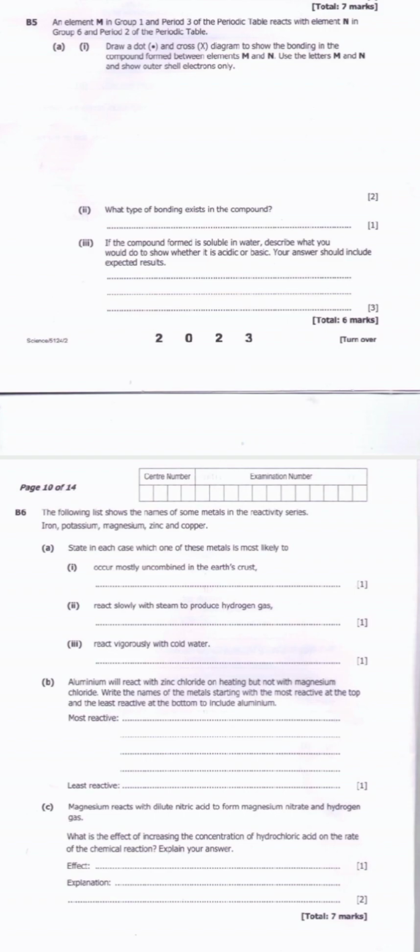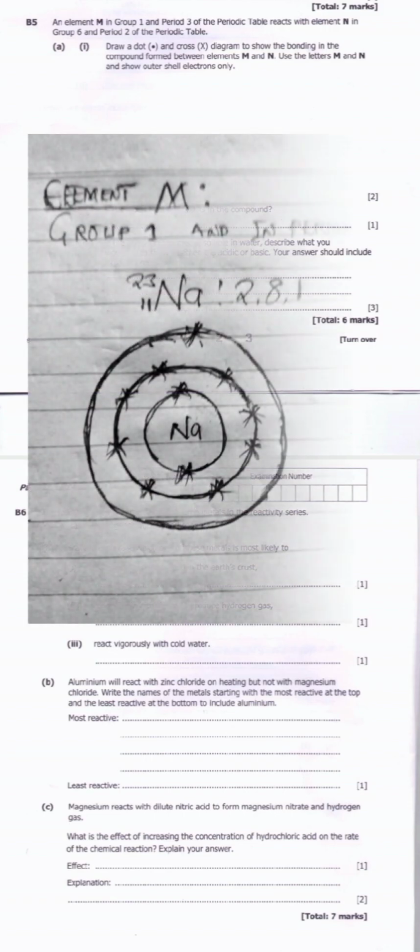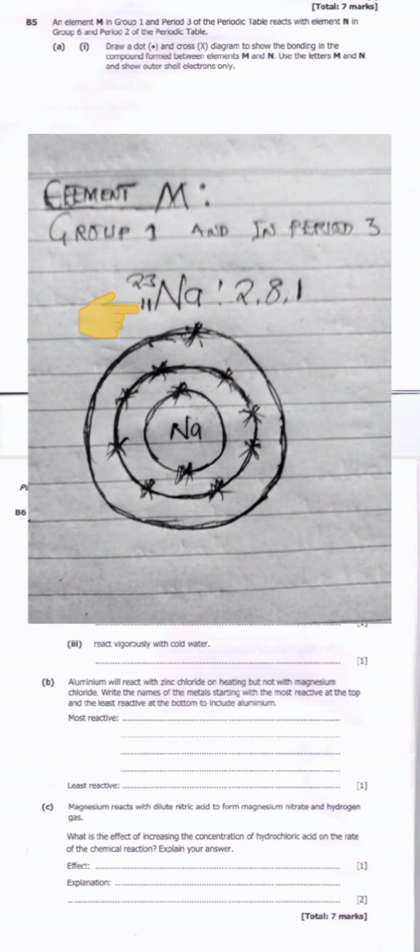So here we have sodium, which has a proton number of 11 and a mass number of 23. So this is how we arrange electrons in the energy levels. So in the first shell we have 2 electrons, in the second shell we have 8 electrons, then in the third shell we have only 1 electron. So this is the sodium.